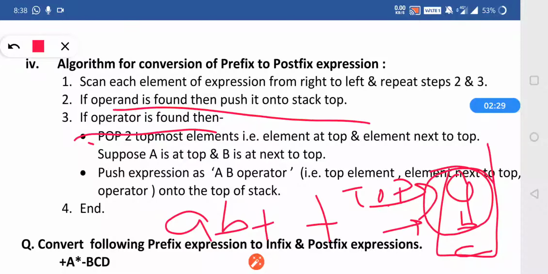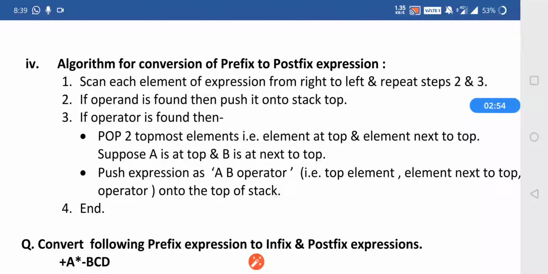Operand, operand, operator. So our expression becomes AB plus, because after getting the operator we are popping the elements, we are keeping the elements as it is, and we are pushing the operator after the operands. And that's why the particular expression becomes operand, operand and operator, which is called the postfix expression.